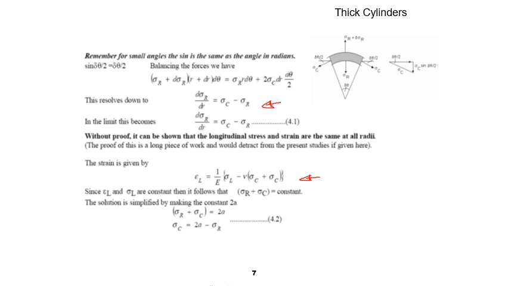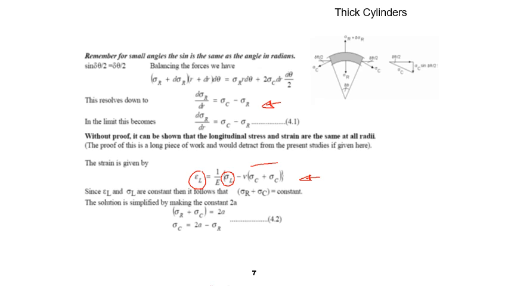And since strain L and sigma L are constant across the thickness, then it follows that sigma r plus sigma c are constants. Okay? If strain L is constant across the thickness, then this is also constant. And when that's constant, then this is also constant, right?